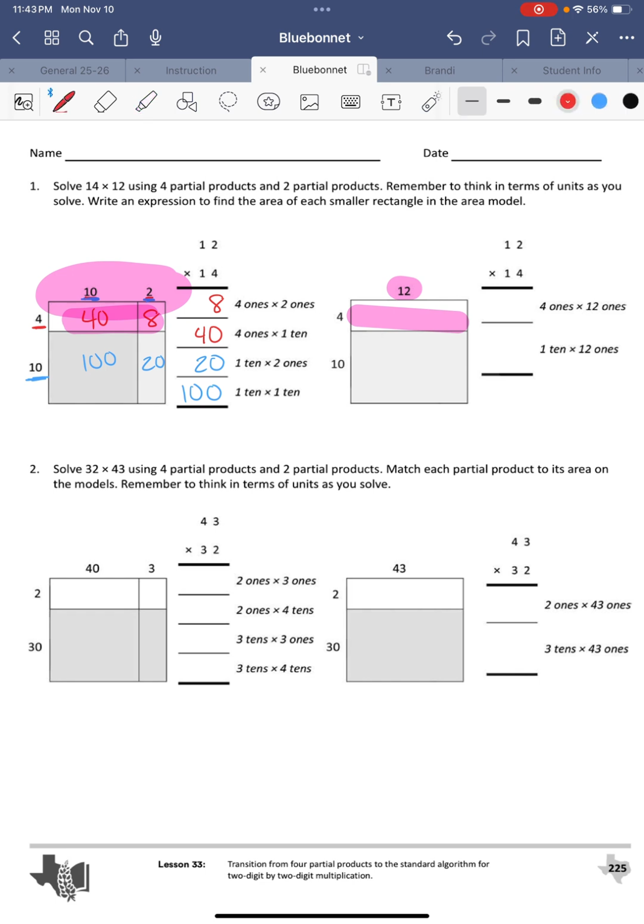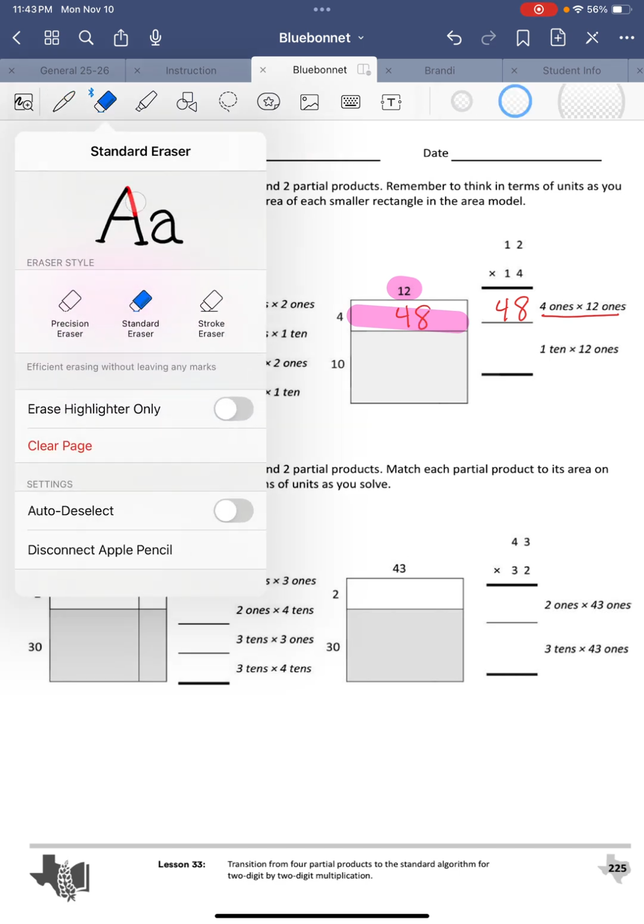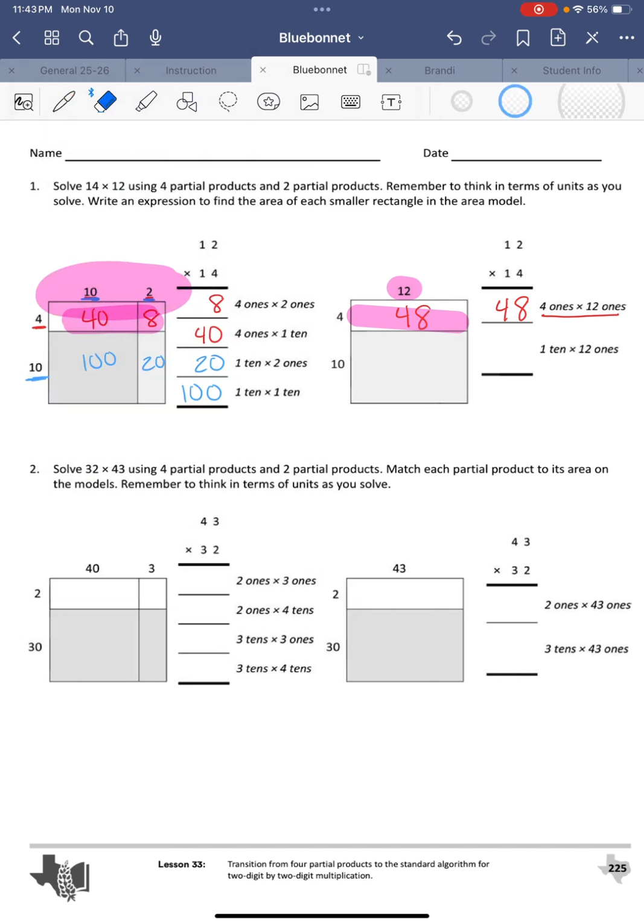So 4 ones times 12 ones is 48. Then we're going to take this bottom part, and we're still doing the 10 and the 2 up top. So over here on the other side, that's where this is going to go.